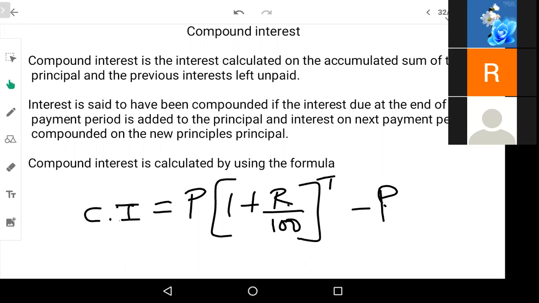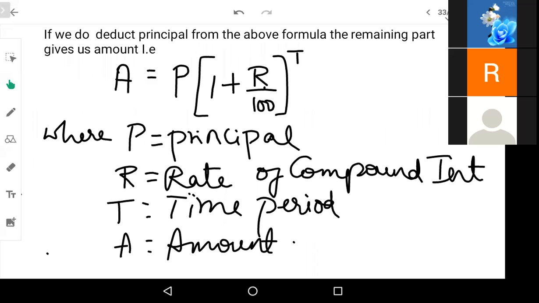There is one more formula to find out the amount. This is for the compound interest, like how we had the simple interest formula. Now when it comes to the amount formula, whatever we calculate here, P into (1 plus r by 100) to the power t, this will be the total amount that has to be paid after n number of years.